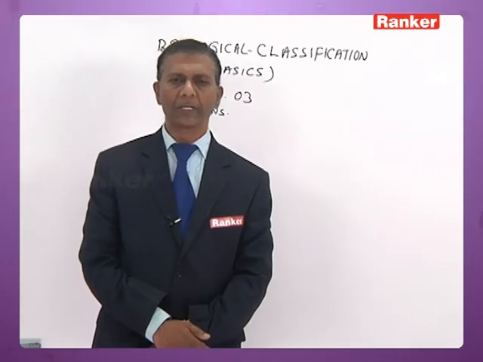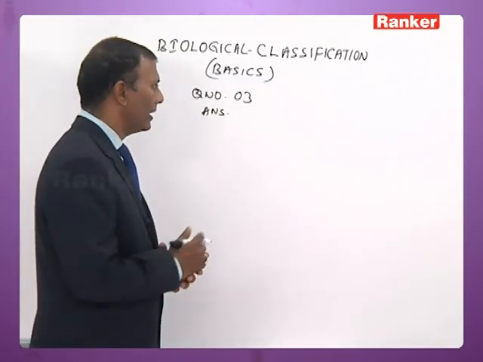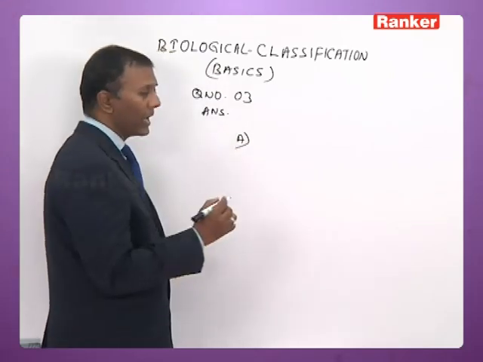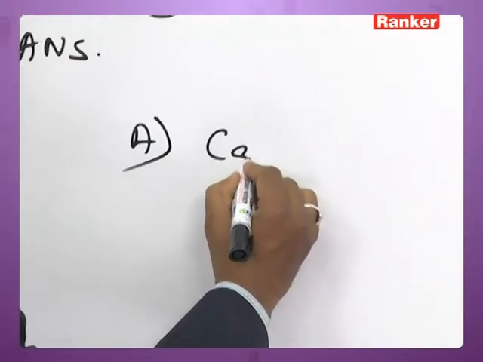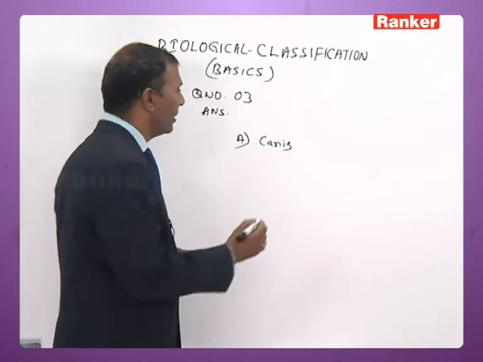Now, the third question. I shall read out the third question for you. Arrange the following in ascending order of taxonomic relatedness. A. Dog and fox, B. Rat and bat, C. Bear and jaguar, D. Tiger and leopard. Now, if you see under option A, dog and fox: the genus of dog is Canis, Canis familiaris is the scientific name of dog.